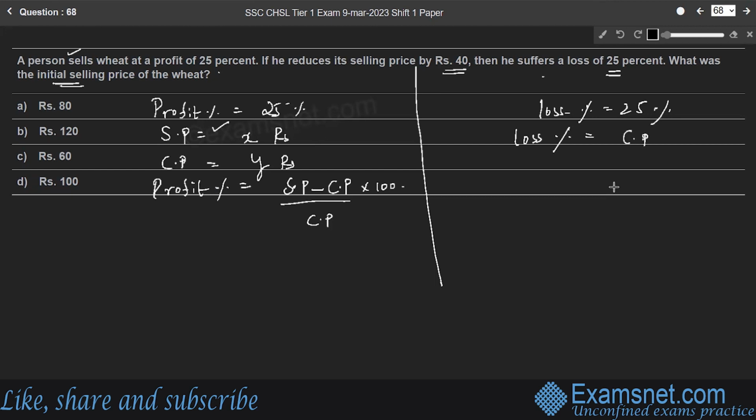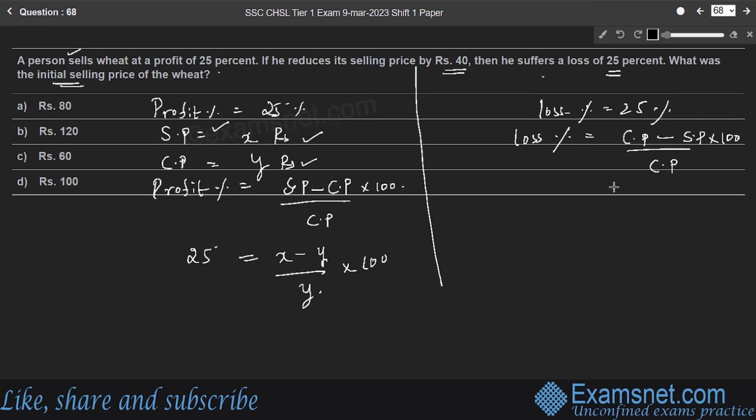Therefore, loss percentage is cost price minus selling price over the cost price into 100. Right? So if X rupees is the selling price, Y is the cost price, profit percentage is 25%. Therefore, 25 is equal to X minus Y over the cost price, which is Y, into 100.